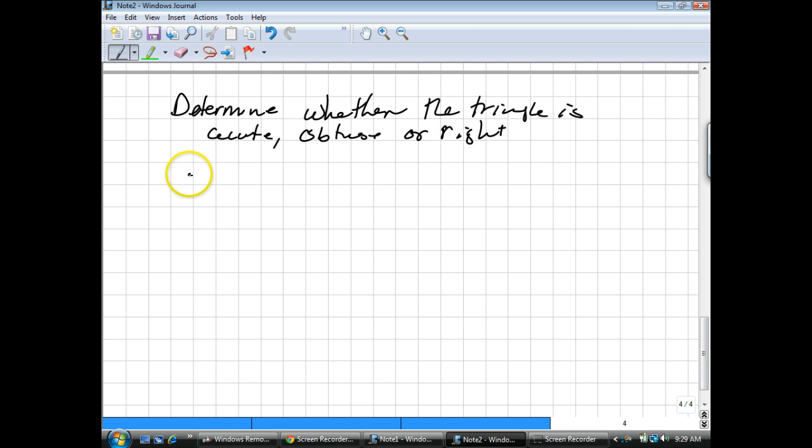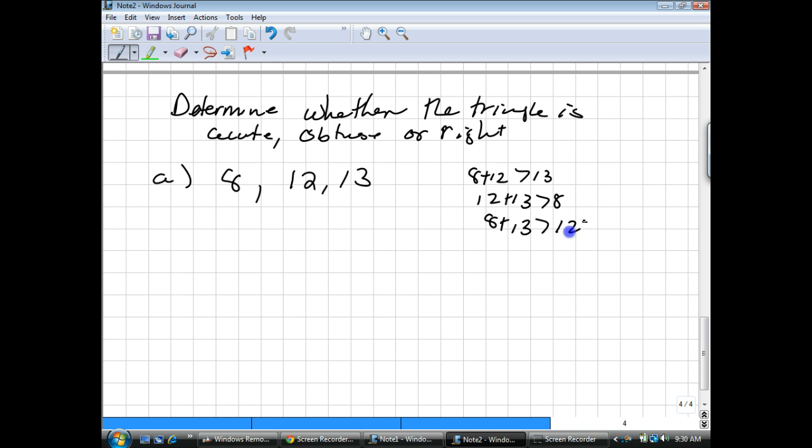Okay, so A, if I give you 8, 12, and 13, you always check to see, do these three form a triangle. So remember that the sum of any two sides has to be greater than the third side. So 8 plus 12 is greater than 13, 12 plus 13 is greater than 8, and 8 plus 13 is greater than 12. So it checks, it does form a triangle.